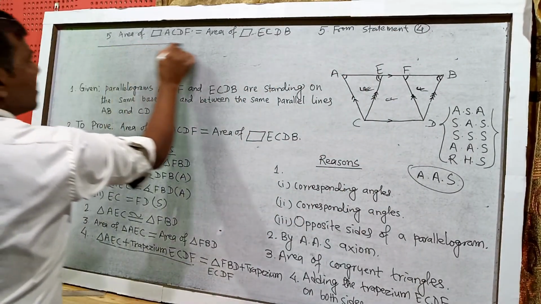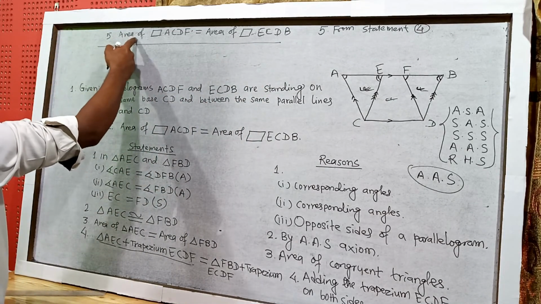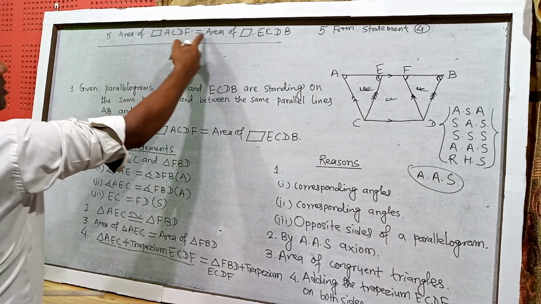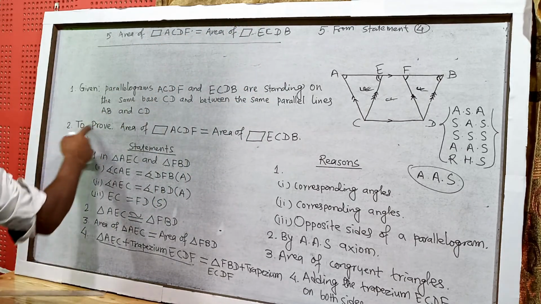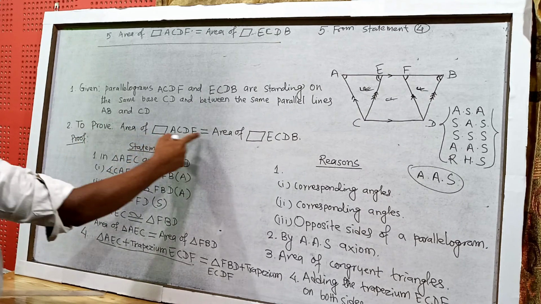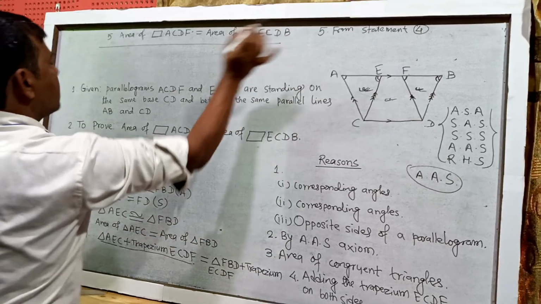Now it is proved. We proved the area of parallelogram ACDF equals the area of parallelogram ECDB. To prove that, it is proved.